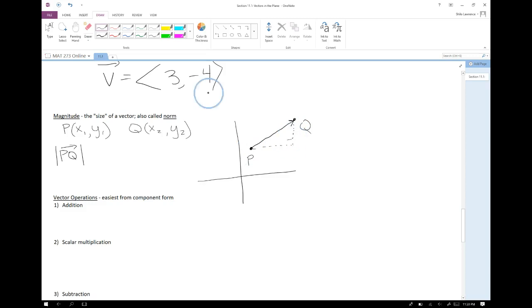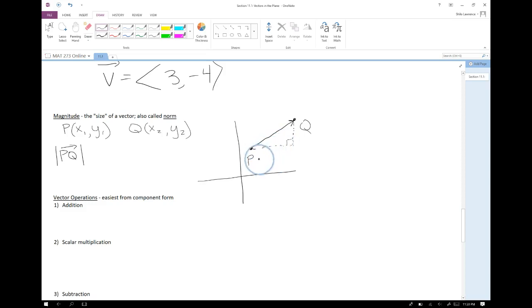So what we've created here is a right triangle where this horizontal component and the vertical component are like the legs of a right triangle, but the magnitude of our vector is really the hypotenuse. So we could solve this just with the Pythagorean theorem.